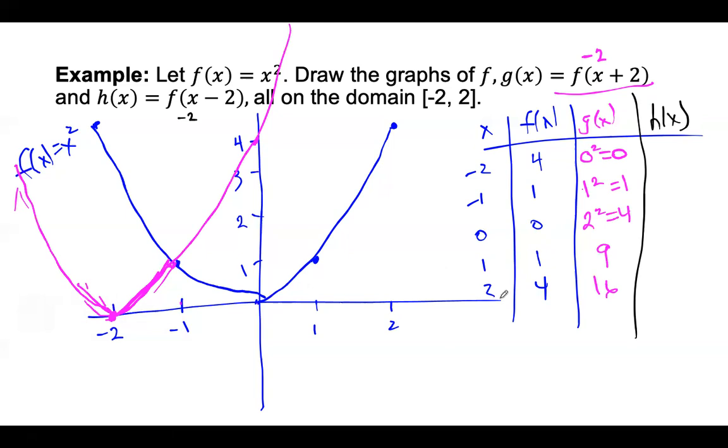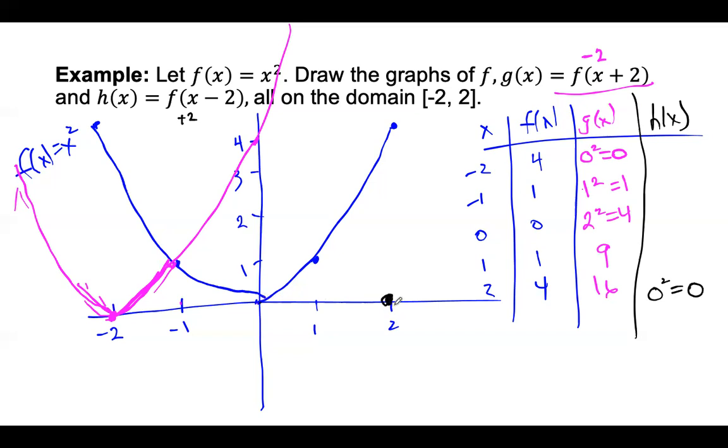Actually, it's easier if we start the opposite way. So let's say 2 minus 2 is 0. So 0 plugged into the formula is 0 squared, which is 0. So at 2, we have 0.